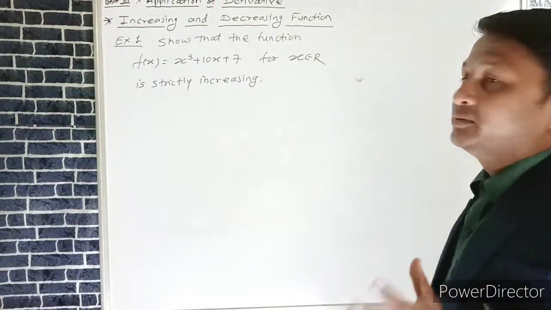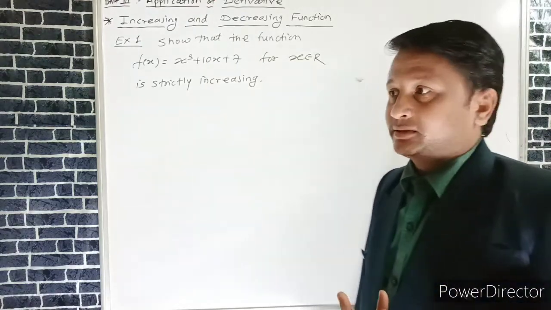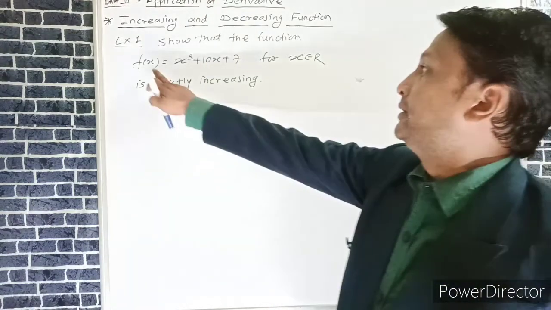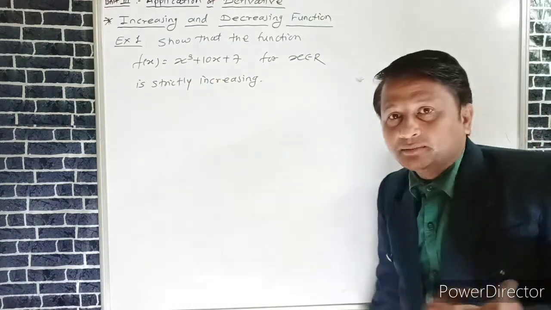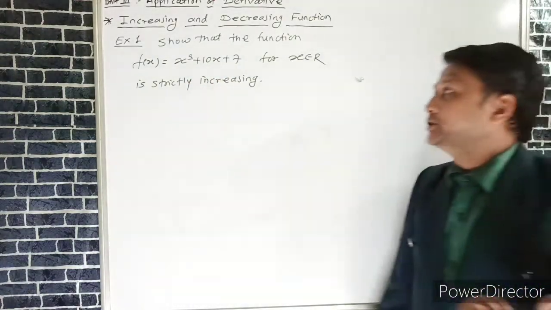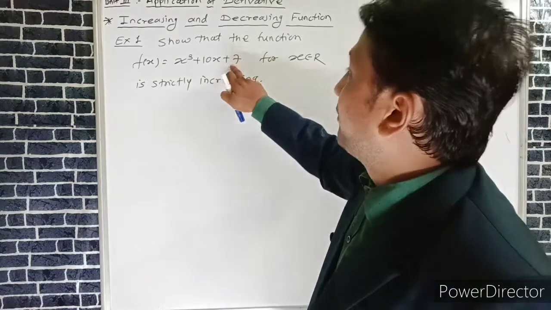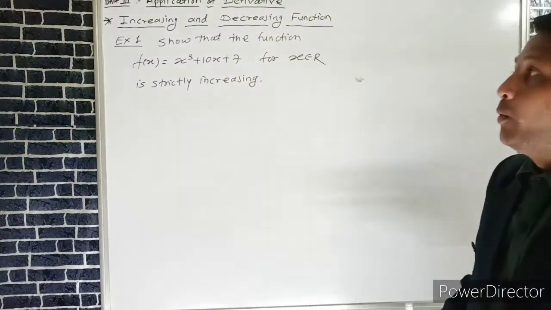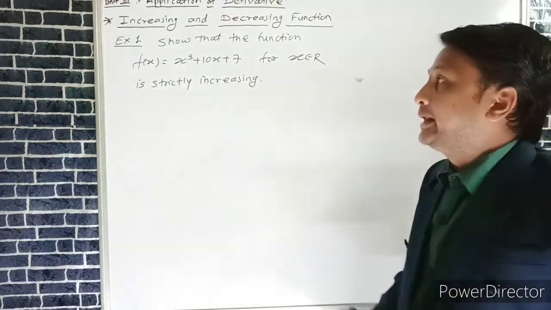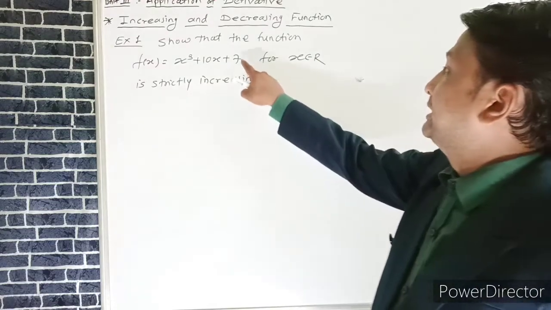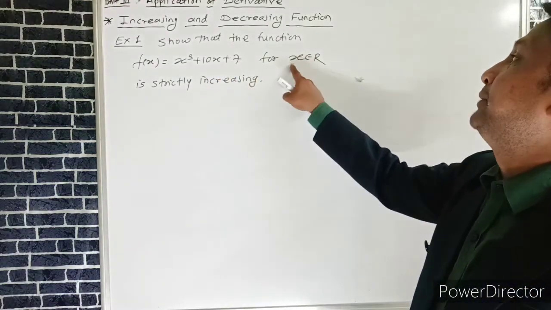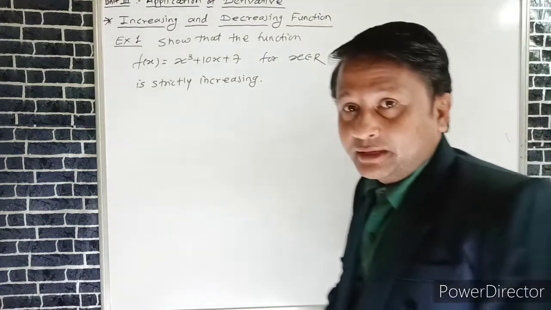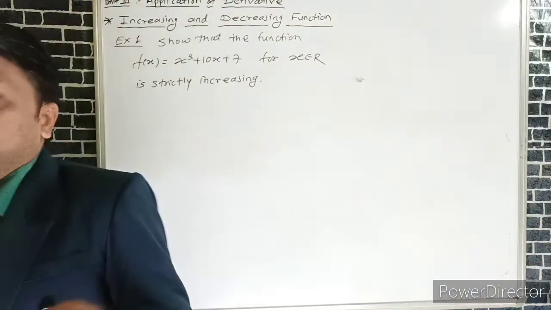If f of x equals x cube plus 10x plus 7, which is differentiable with respect to x, we have to show that it is strictly increasing for x belonging to the real numbers.